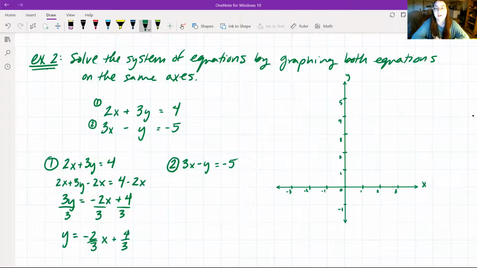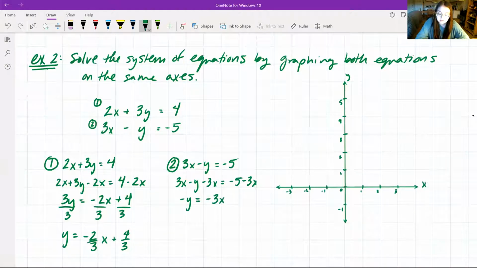Now we can go on to our second equation that we're dealing with, our 3x minus y equal to -5. So we want to isolate y, so let's go ahead and subtract 3x from both sides. This gives us 3x minus y minus 3x equals -5 minus 3x. So now we're going to have -y is equal to -3x minus 5.